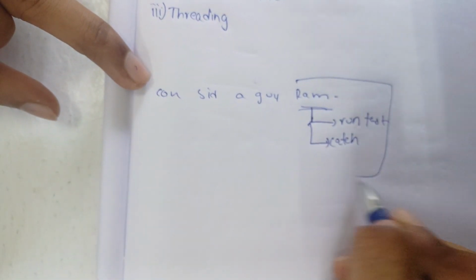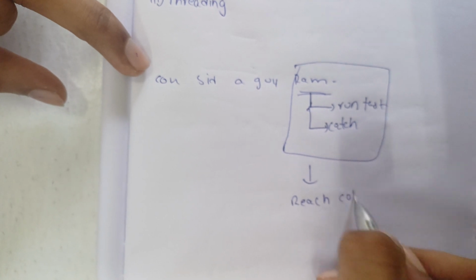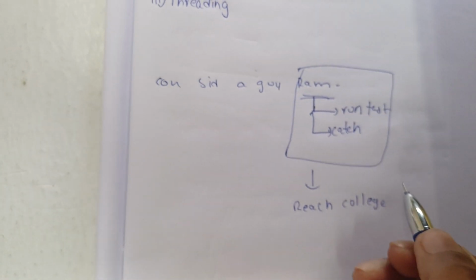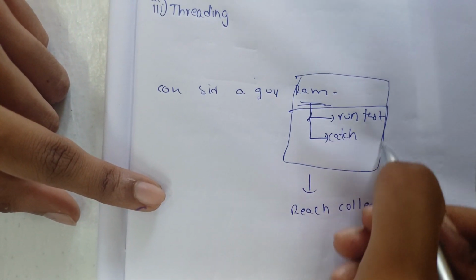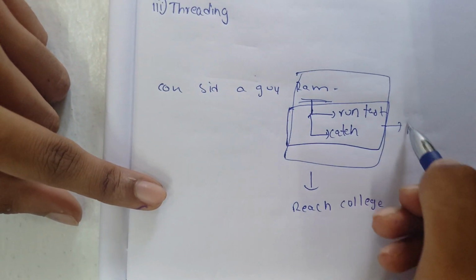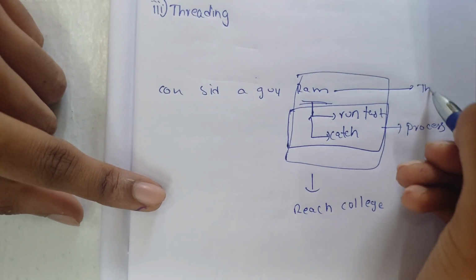His task is to reach college, but his process is that he needs to run and catch the bus. This is his process. Here Ram is the thread.